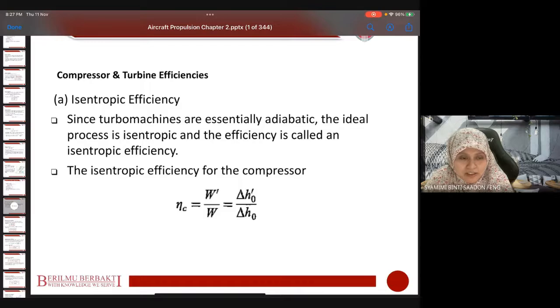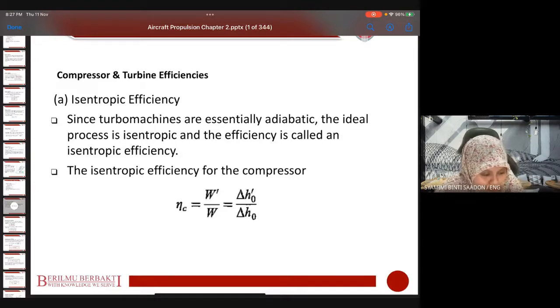So that's why the efficiency of these components, compressor and turbine, sometimes we call it isentropic efficiency. It's actually the efficiency of the compressor and turbine, the component. Just that the name is called isentropic efficiency due to the ideal process tu.